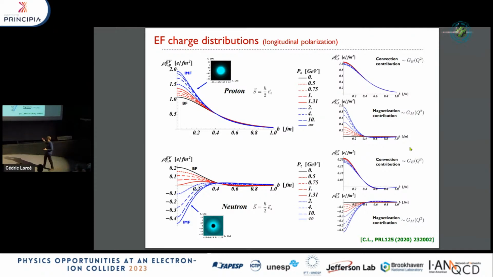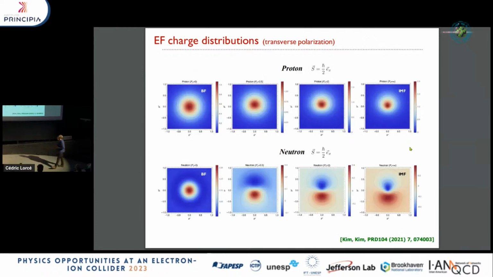So what this suggests is that there is, intrinsically, no negative lump of electric charge inside the neutron. It's just something that you would say if you look at things from the infinite momentum frame, or a frame where the nucleon is moving with the speed of light, but not if you look at the system when it is at rest, let's say in the Breit frame.